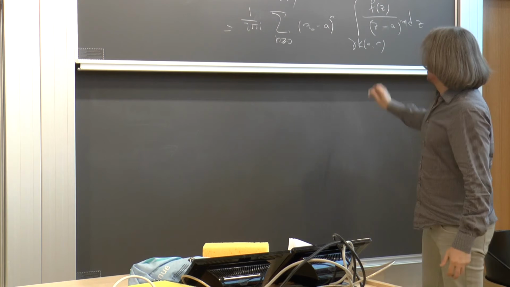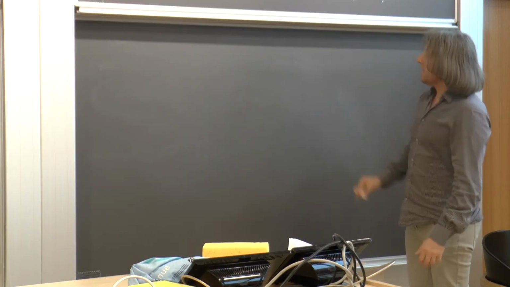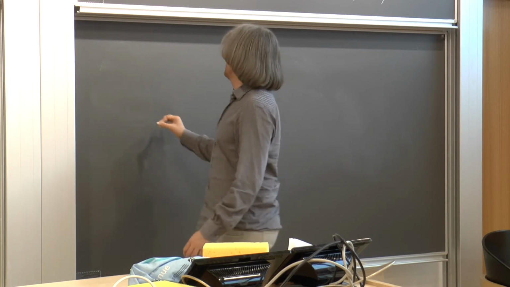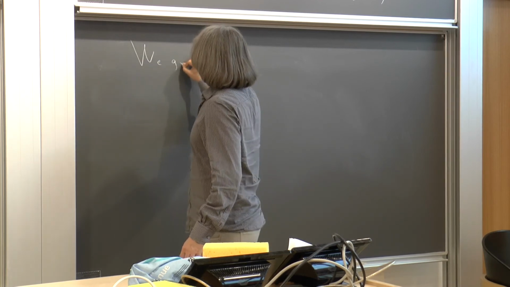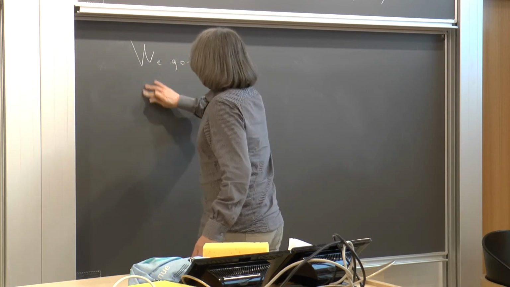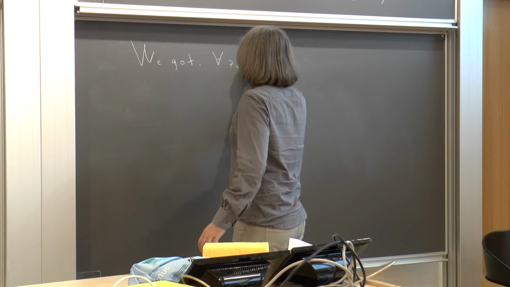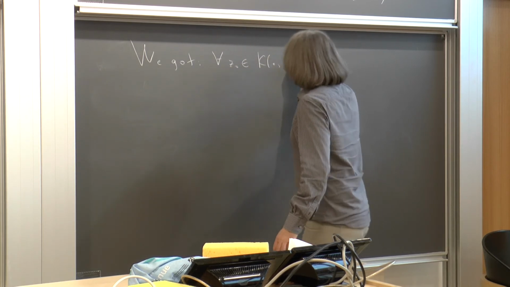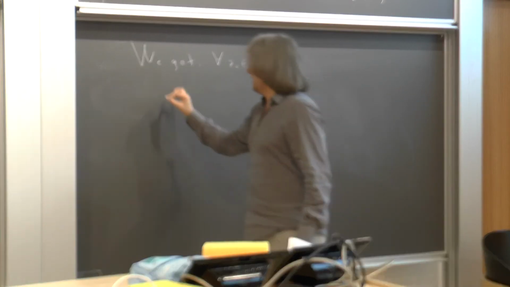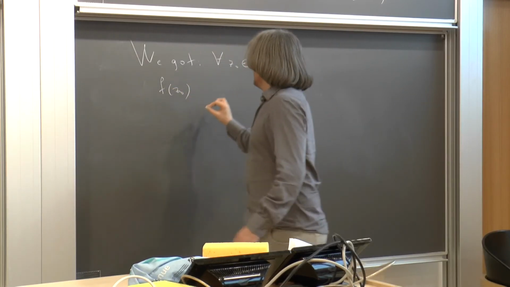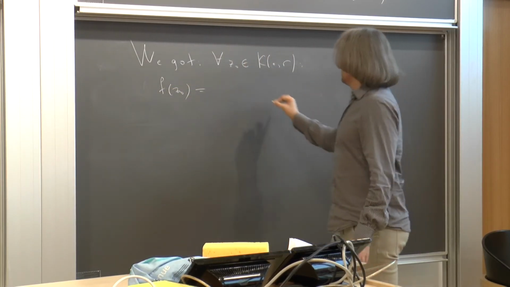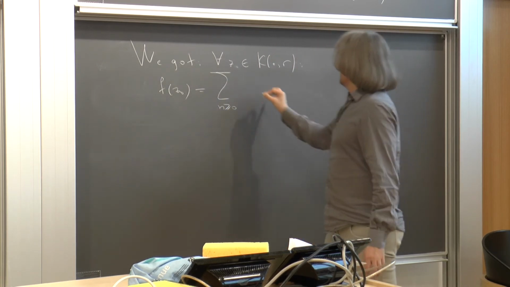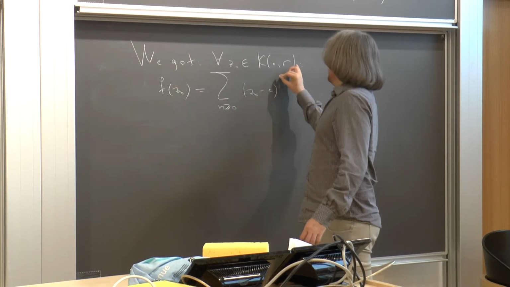And now take a look at the final expression. We obtain that for any z naught in K_a(r), f of z naught is the sum, n greater than or equal to 0, of a coefficient times (z naught minus a) to the n.